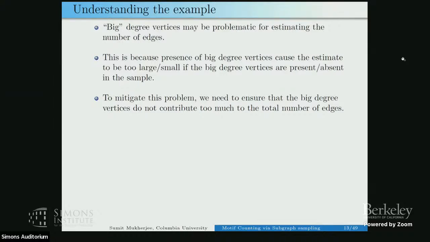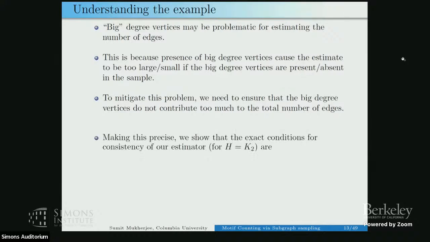We don't want to remove the big degrees entirely, but we want to ensure that the big degree contribution is low. The precise characterization for the edge case will answer the more general case of the theorem. But let's first start with the edge case. If you sum over the degrees which are large, where large is exactly this threshold, and you divide by the total number of edges, that has to go to 0 for every epsilon. So this is the first condition.